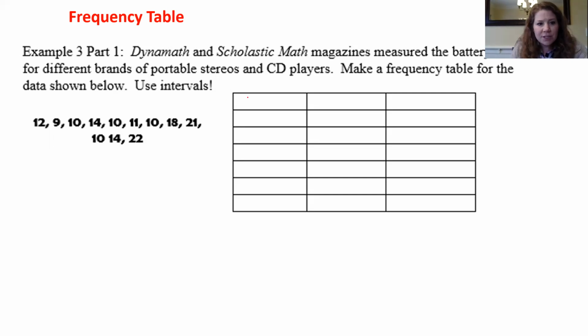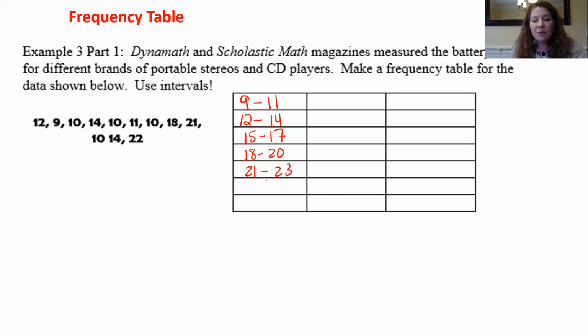So that means my first interval is going to be 9, 10, 11. Now for the next interval, we want to make sure we don't start with 11, right? We want to start with the next number, so we're going to start with 12. And since this has 3 digits, I want the next group to have 3 digits: 12, 13, 14, then 15, 16, 17, then 18, 19, 20, and then 21, 22, 23.